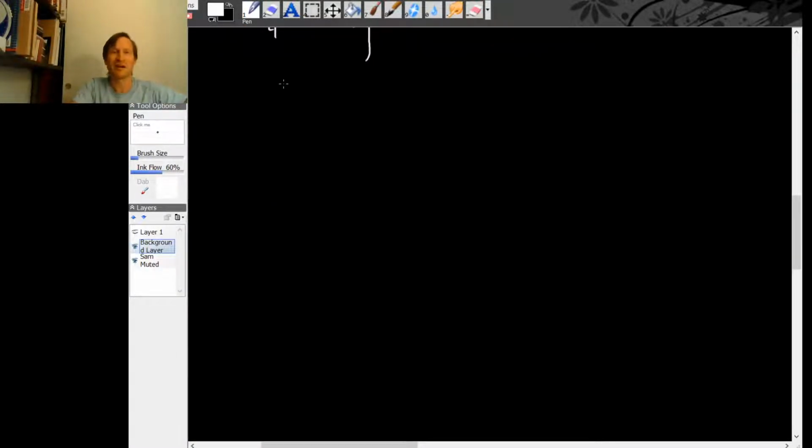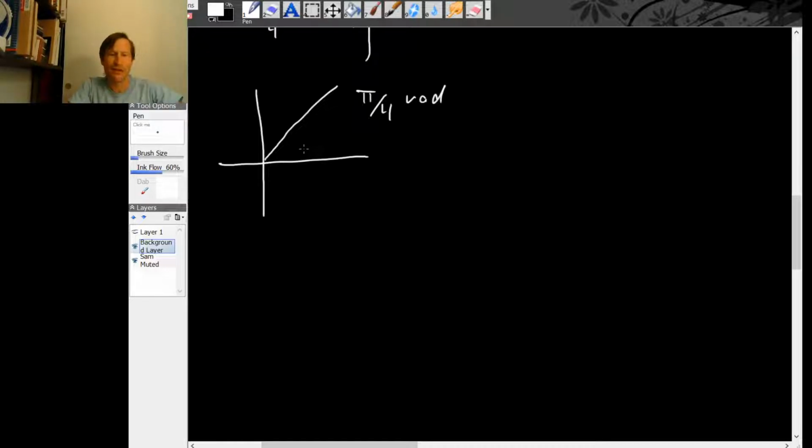So let me redraw that angle. So we had a pi over 4 radian angle like this. But we could also get to the same side by, instead of going counterclockwise, going clockwise like this. And that would give us another coterminal angle.